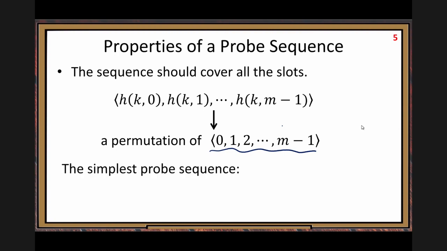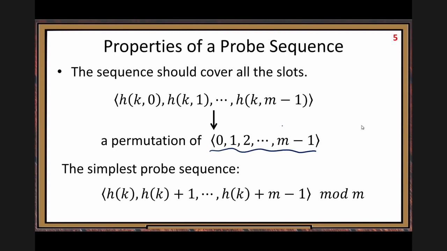The simplest probe sequence definition uses this simple formula: just plus 1. Each time, we use the previous value plus 1. So we can simplify this location because it will cover all the slots, satisfying the minimum property.